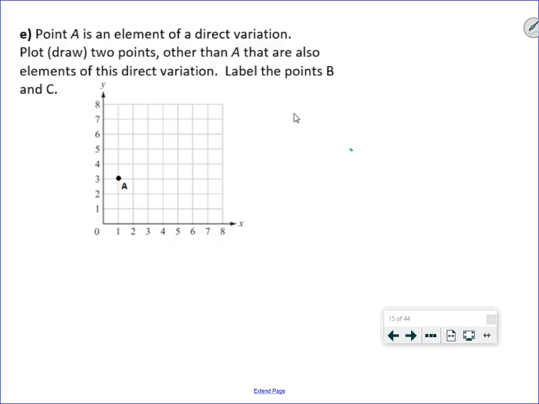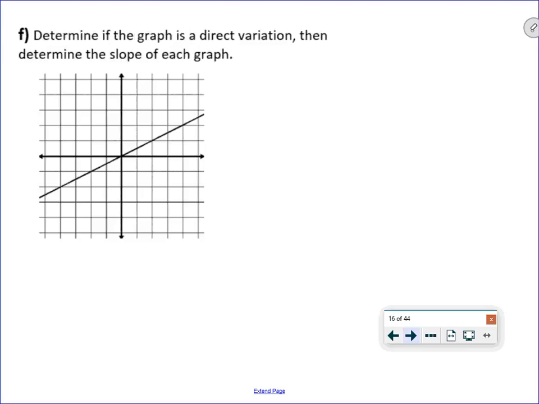So that's the origin. Now we can see that in direct variation the slope is constant, so it'll be up 3 over 1. So I'm going to call that B. And then if I go up 3 and over 1, we'll call that C. And there are my 2 points.